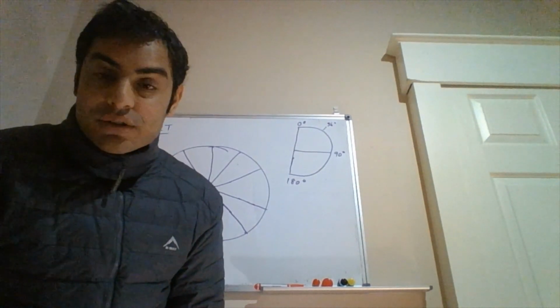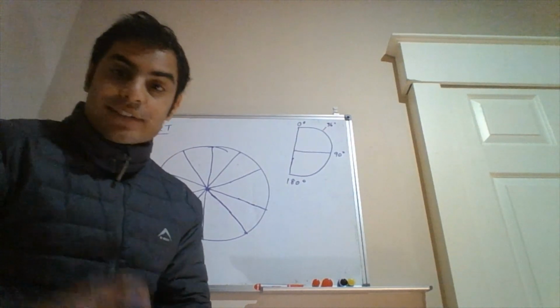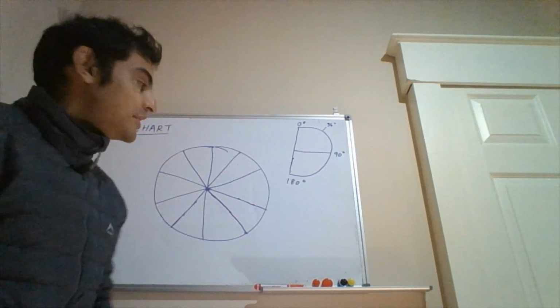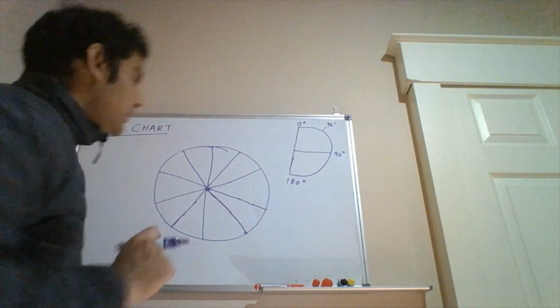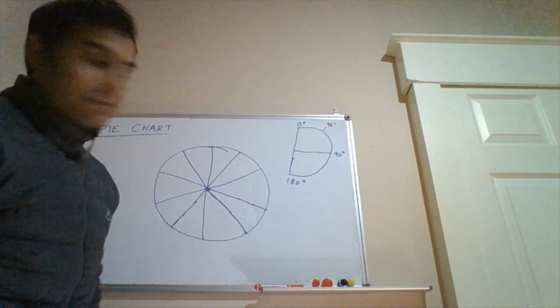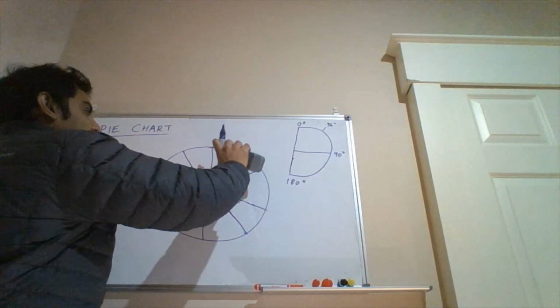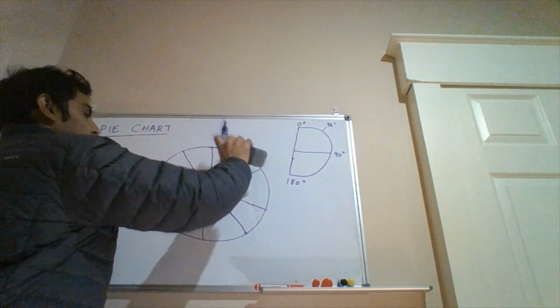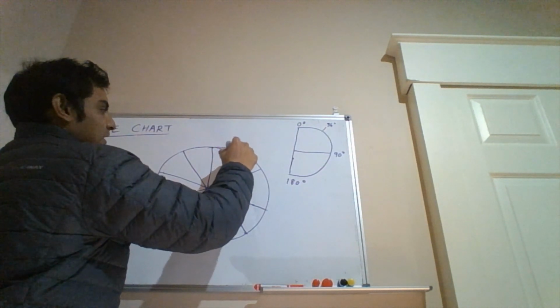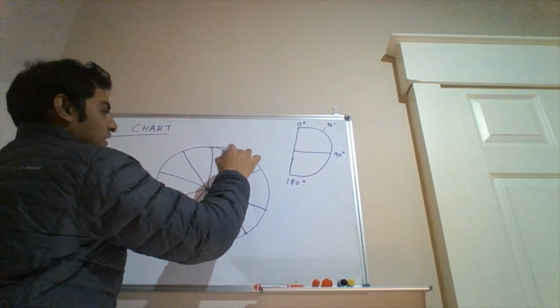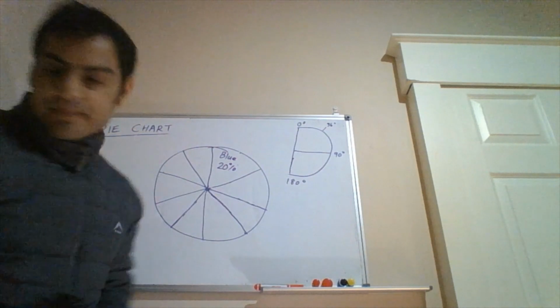The first color blue is 2 cars, so it's 2 times 36 degrees, 72 degrees, and that's going to be 2 of these slices of 36. So I'm just going to rub out this line, and this entire piece is going to be 2 sectors blue, and that corresponds to 20%.